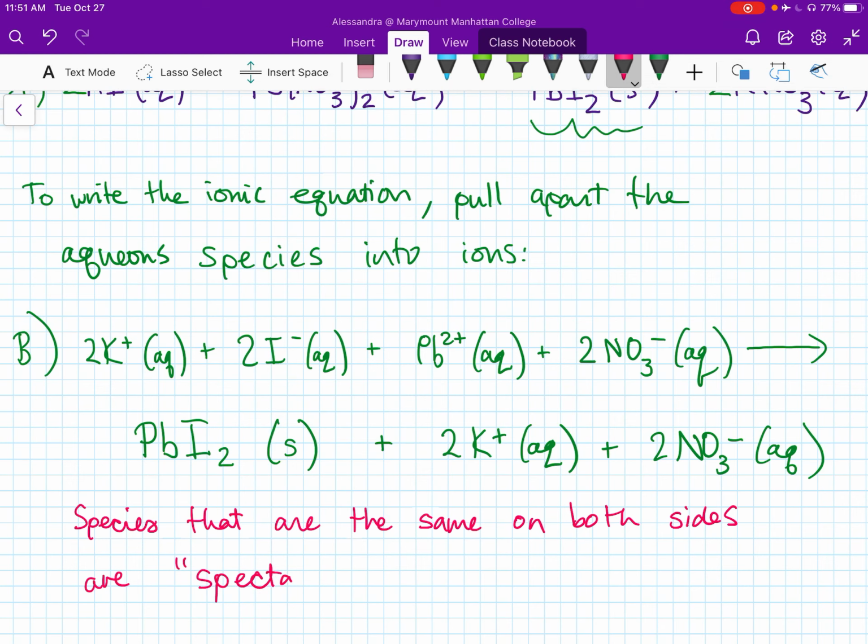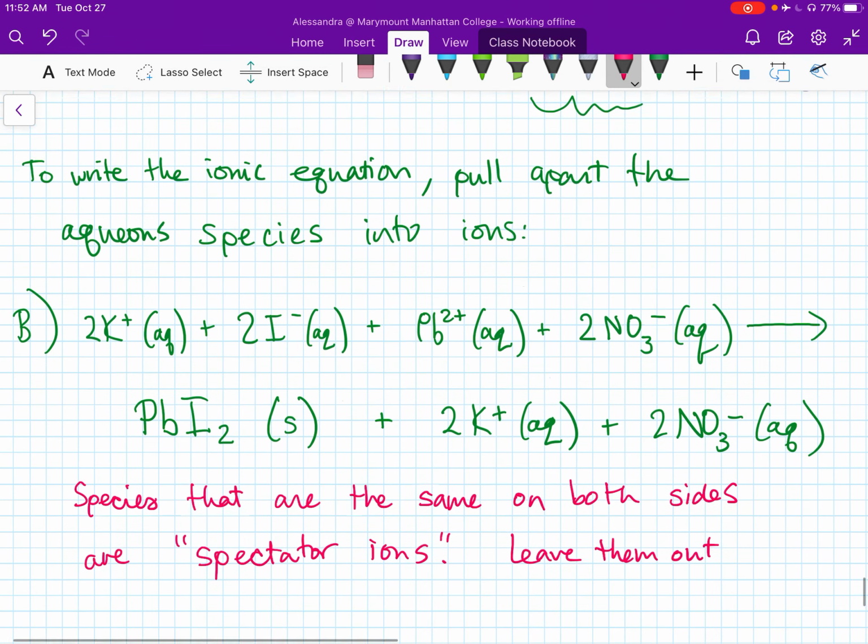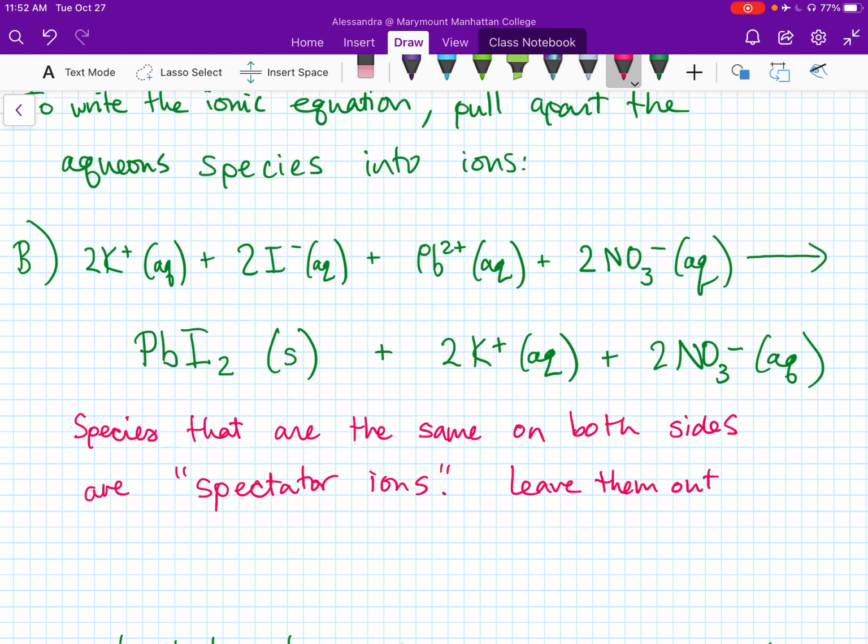Nothing is happening to them over the course of the reaction. They are the same on both sides, so I can leave them out, basically cancel them out, to get the net ionic equation.